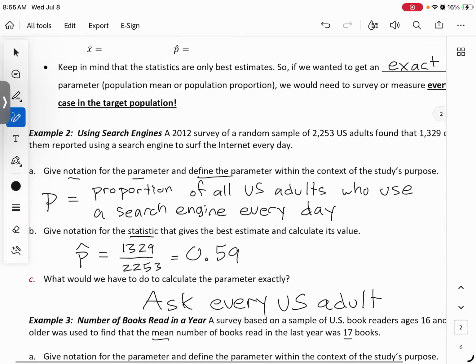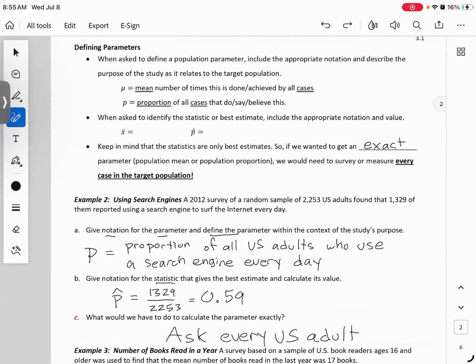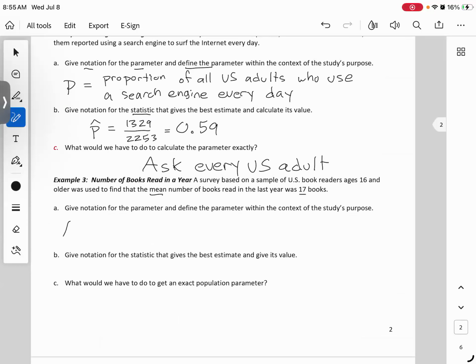And since this one's about a mean, you're going to use this one. They wanted to know the mean number of books read by all U.S. book readers. So you start off with mu, which would be the population's average.